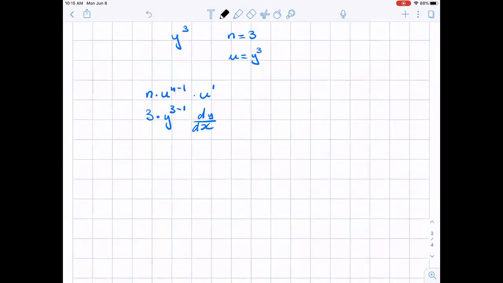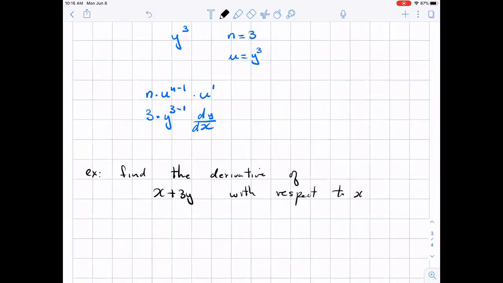So let's look at another example. Find the derivative of x plus 3y with respect to x.